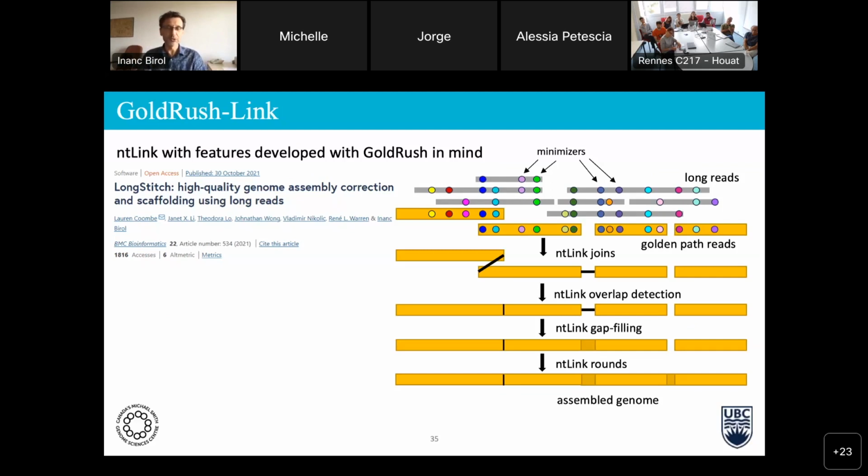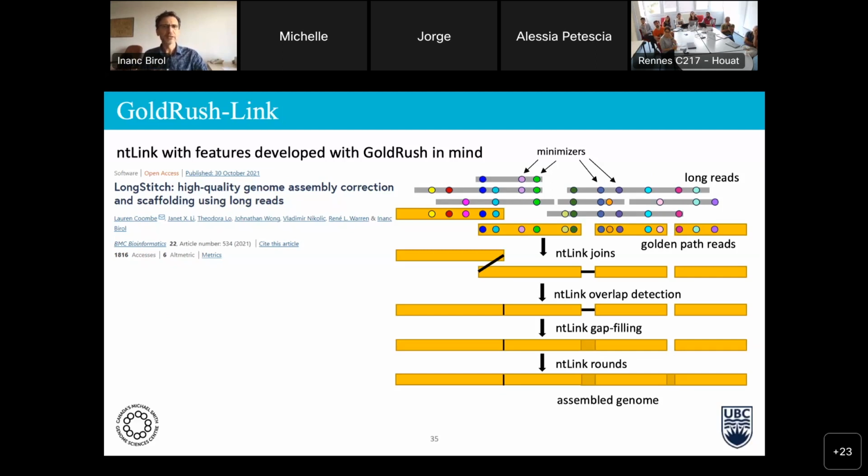So I'm using the word mapping as opposed to alignment. Mapping is a crude approximation of who belongs where, all right, as opposed to accounting for base by base, and that's mapping, what we need for scaffolding here.